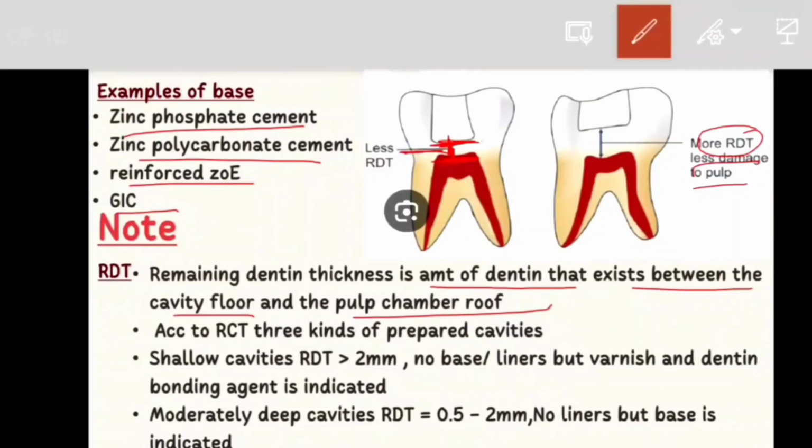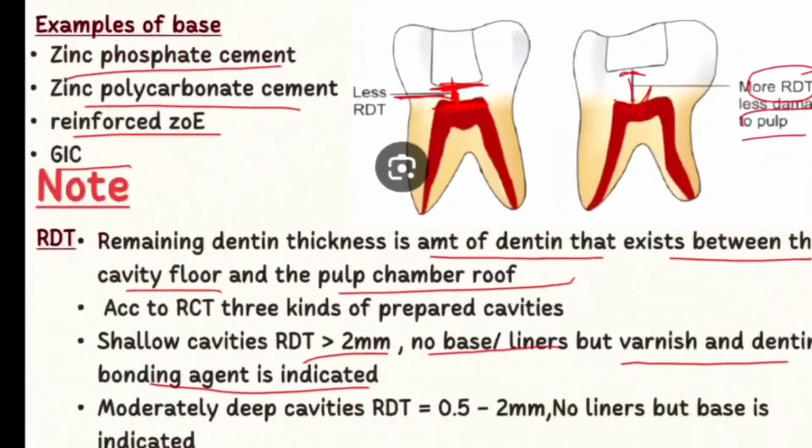According to the remaining dentin thickness, there are three kinds of prepared cavity. In a shallow cavity, where the remaining dentin thickness is more than 2 mm, no base or liner is used, but varnish and dentin bonding agent are indicated. In a moderately deep cavity, where remaining dentin thickness is 0.5 to 2 mm, no liner but a base is indicated.